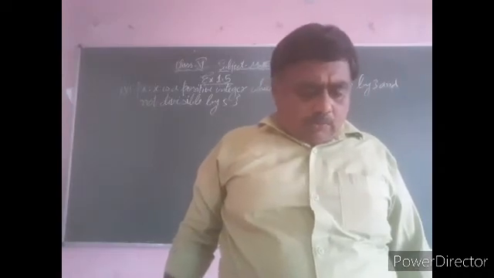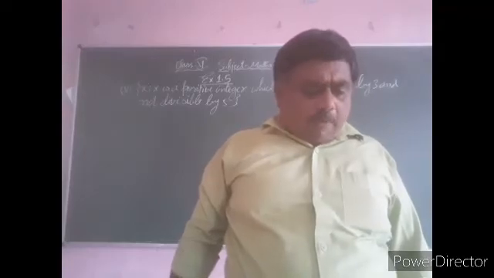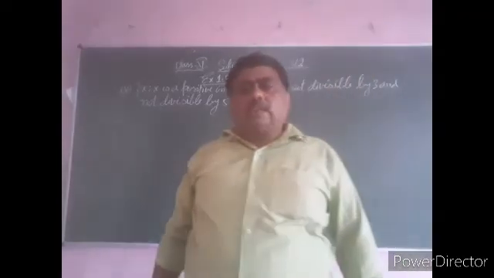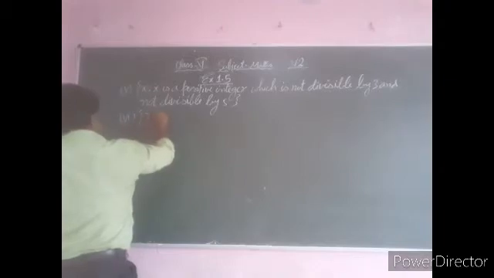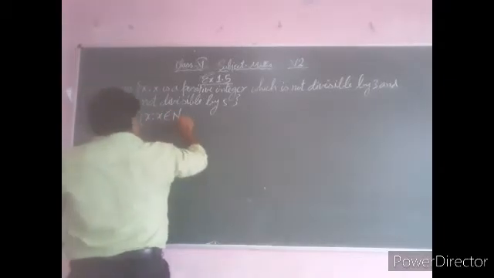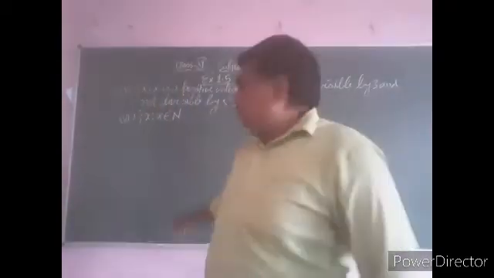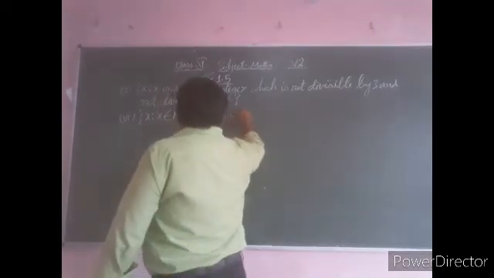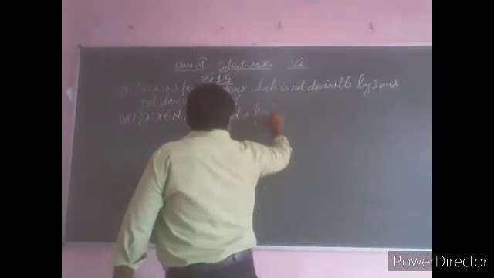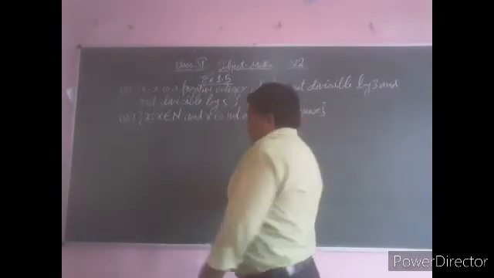Now sixth one, {x such that x is a perfect square}. The complement is {x such that x belongs to N and x is not a perfect square}.